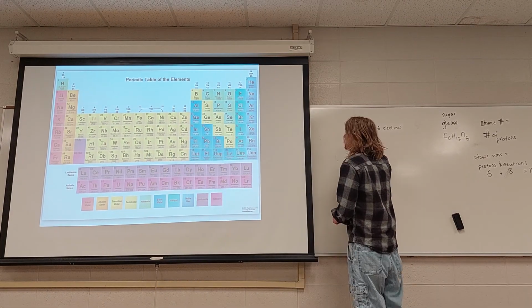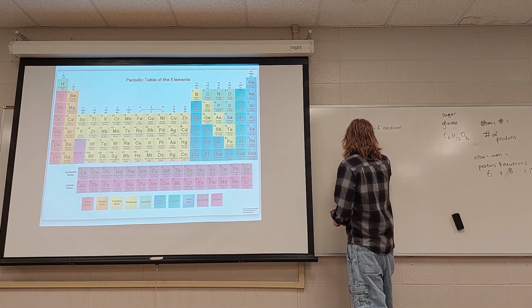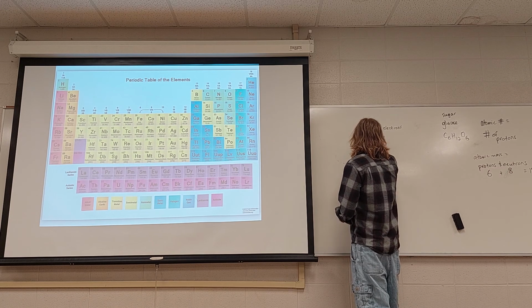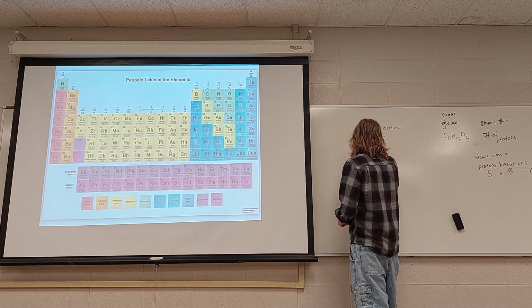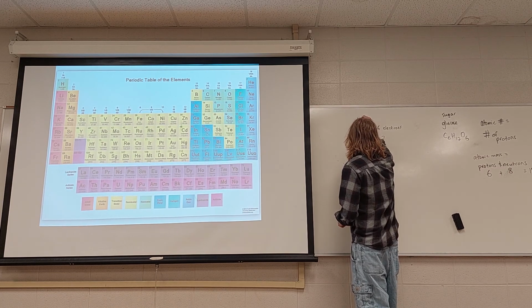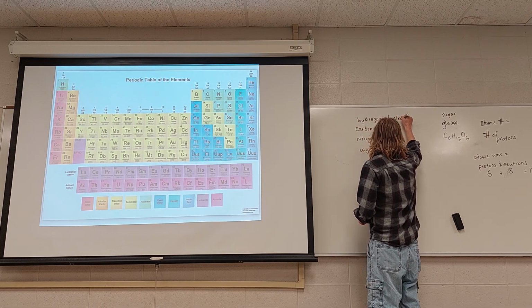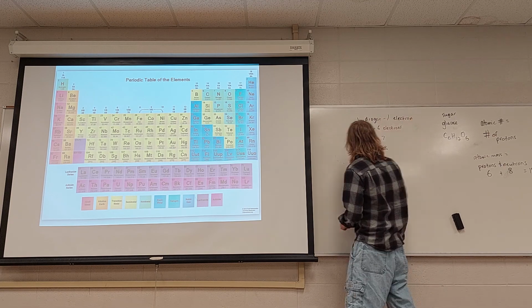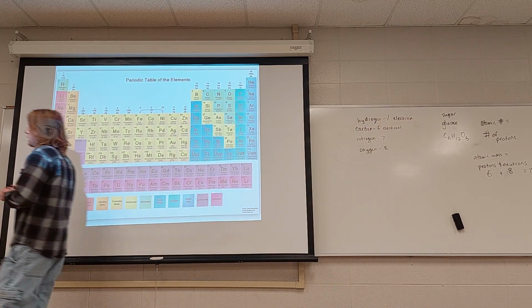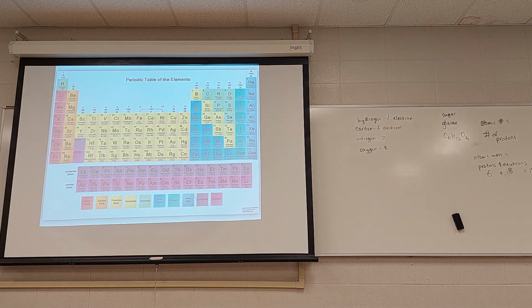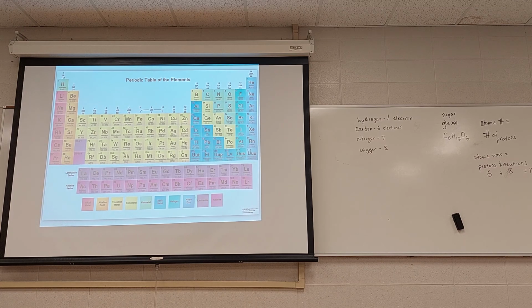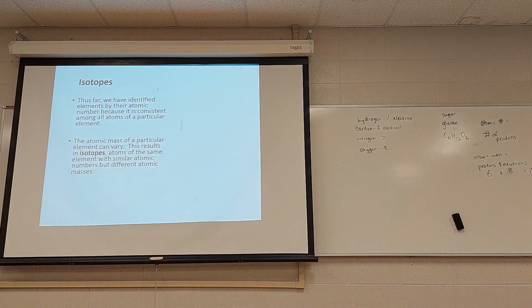Carbon's got 6. If you look up there, nitrogen's got 7. Oxygen has 8. And hydrogen, way up at the top left, has 1. None of them are stable by themselves. They're not noble gases.